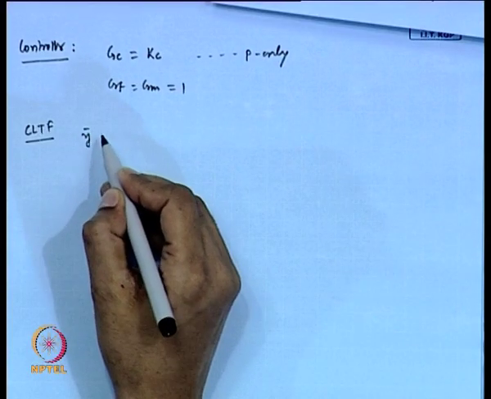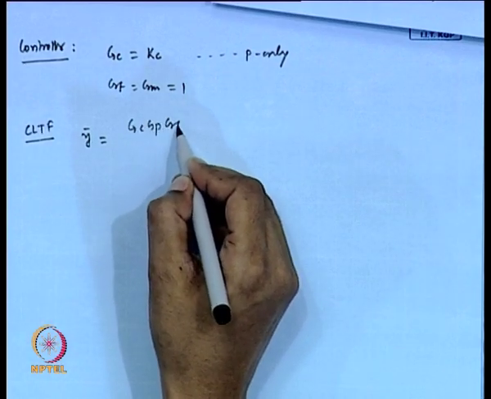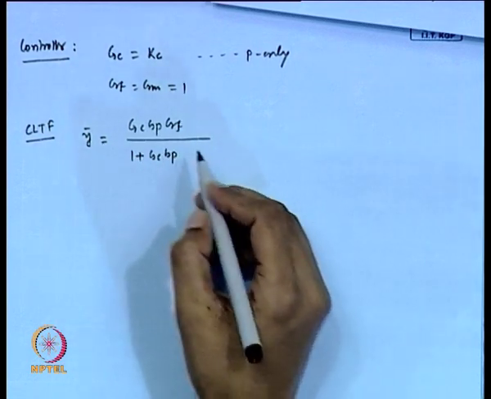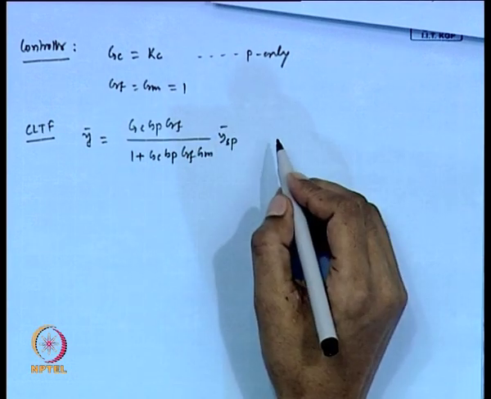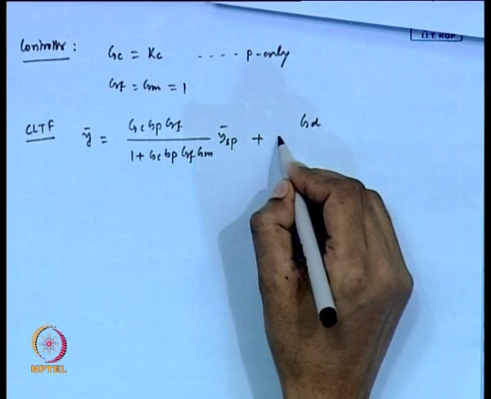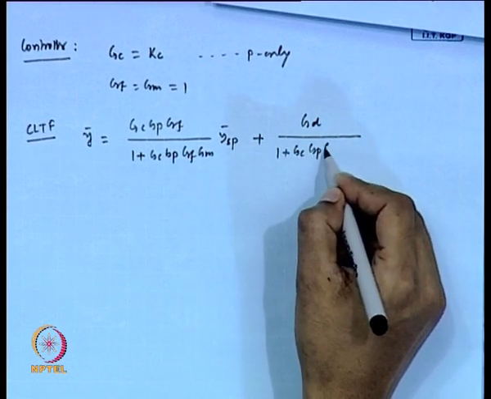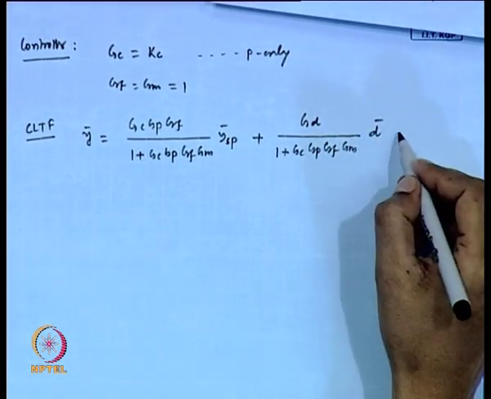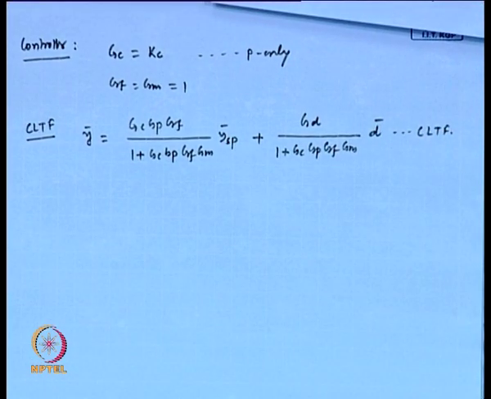The generalized form is y bar equals G c G p G f divided by 1 plus G c G p G f G m y set point bar plus G d divided by 1 plus G c G p G f G m d bar. This is the generalized form of closed loop transfer function.